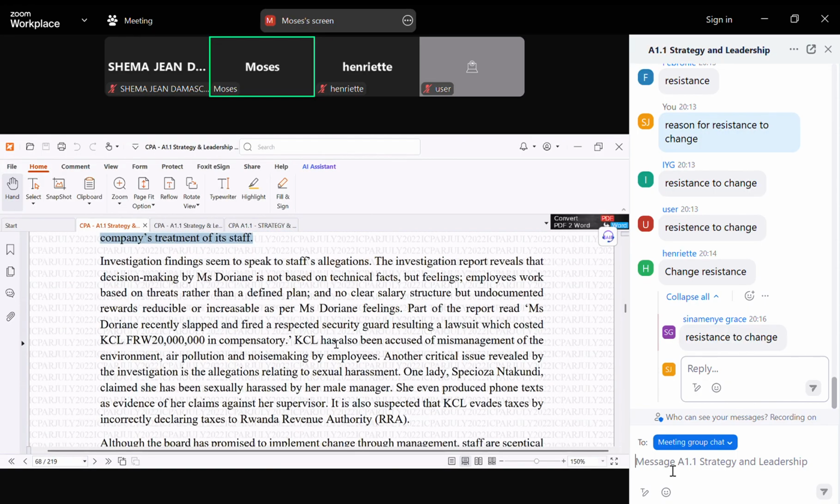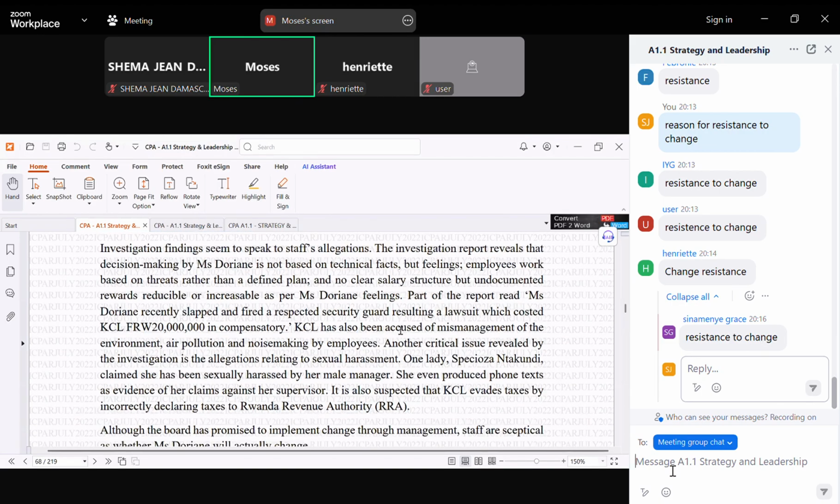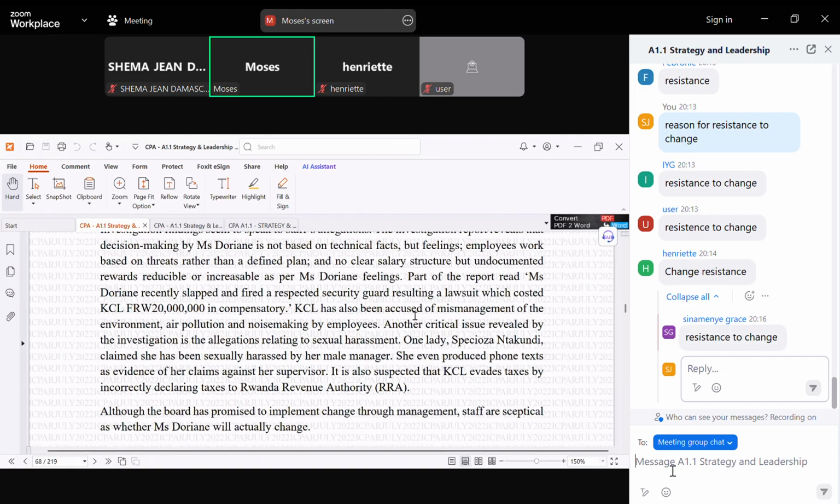Part of the report read, Mrs. Doriane recently slapped and fired a respected security guard, resulting in a lawsuit which cost 20 million in compensation. And then they said the company is accused of mismanagement of the environment, air pollution, noise making by employees.